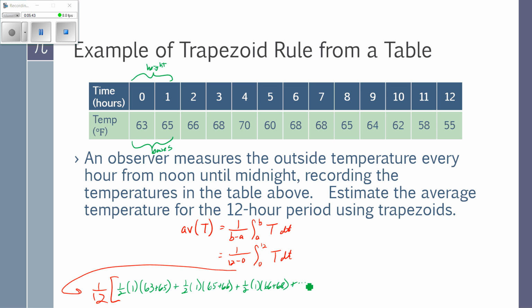And I can keep doing this all the way up till I get to my last trapezoid with height of 1, bases of 58 and 55. And then I have to make sure I'm including that 1/12 after I do all of the green part. And when I do, I get an average temperature of 64.417, which is a reasonable answer based upon the data that we can see.